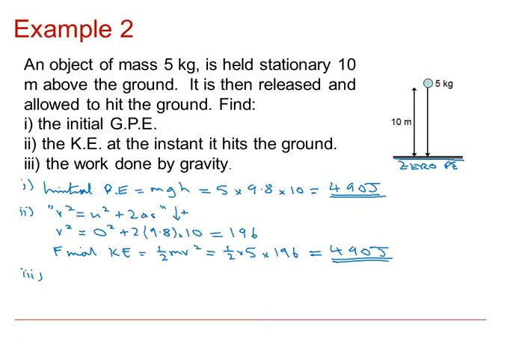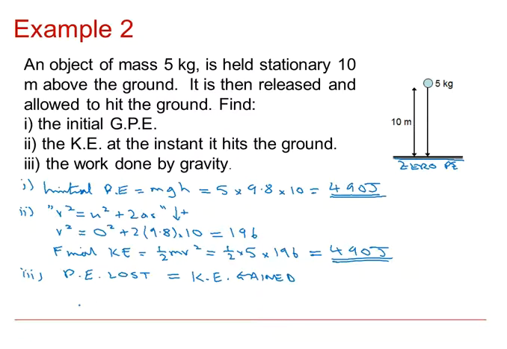So this simplistic question gives me two interesting results. Because there was no air resistance involved, we've just shown that the potential energy lost as it dropped and lost height is exactly the same as the kinetic energy gained due to conservation of energy.